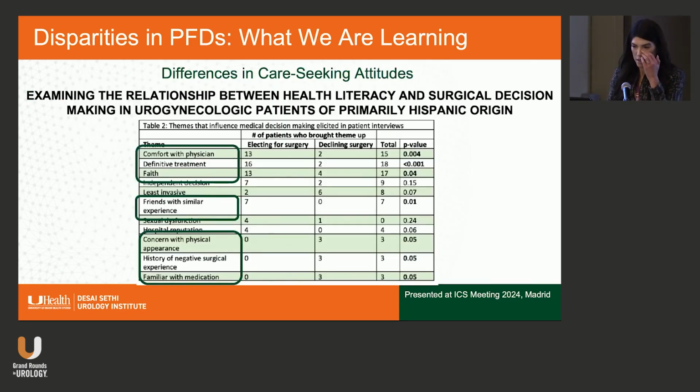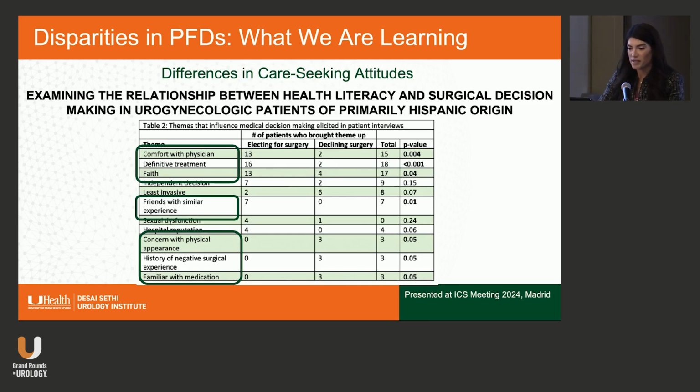But issues that came up during this qualitative analysis included patients that did elect for surgery stating that they were comfortable with their physician, they wanted to receive definitive treatment, and they believed faith pointed them in the right direction for electing for surgery.